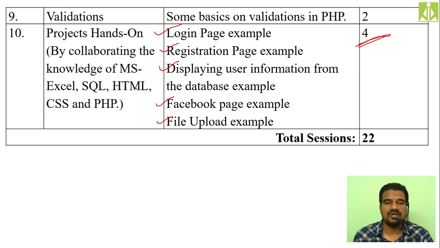Again, after the completion of PHP, because here we are doing the collaborative work. Once you are good in all these concepts, you will be able to develop some nice web applications. If you perform well and come up with a good project with a good idea, we are nowhere going to discourage you. We are going to encourage you with a proper award or reward.